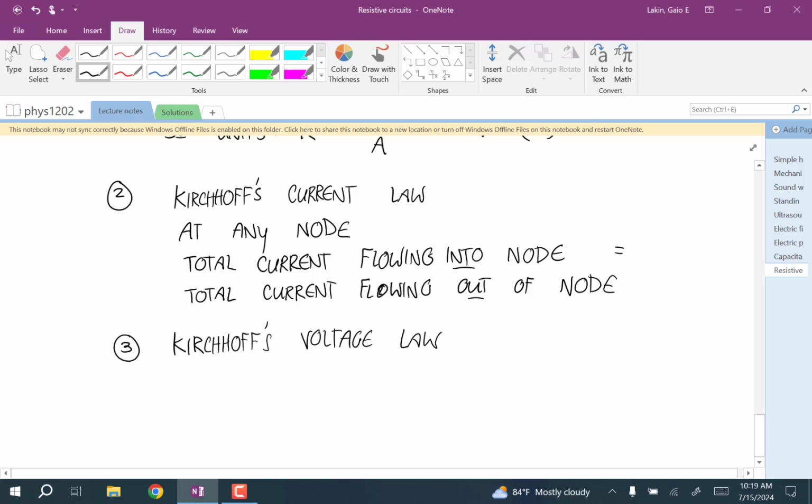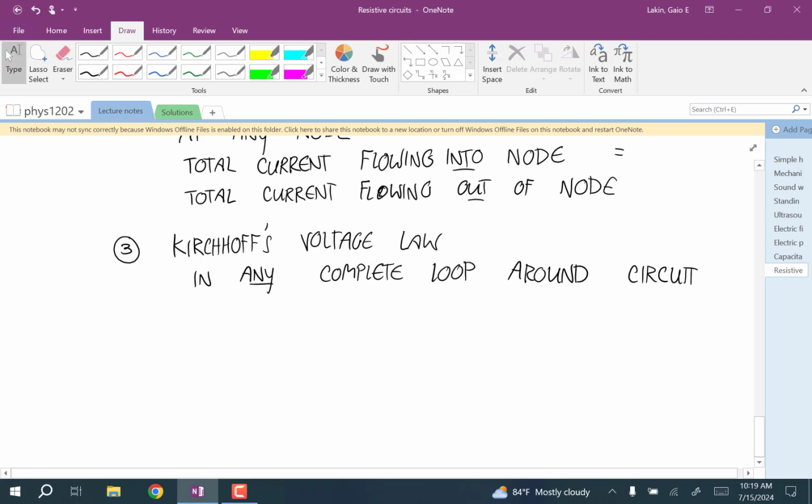It says that in any complete loop around the circuit, so any path you can take around the circuit that gets you back to your starting point, the sum of voltage rises is equal to the sum of voltage drops.